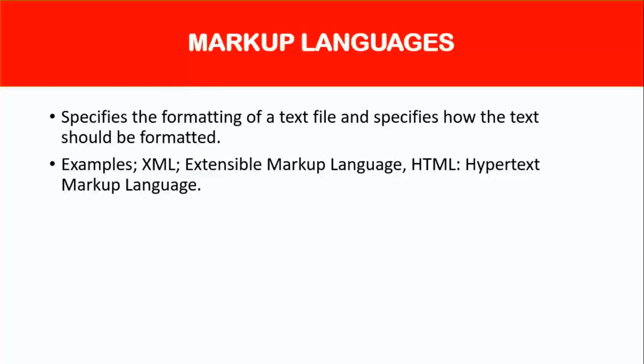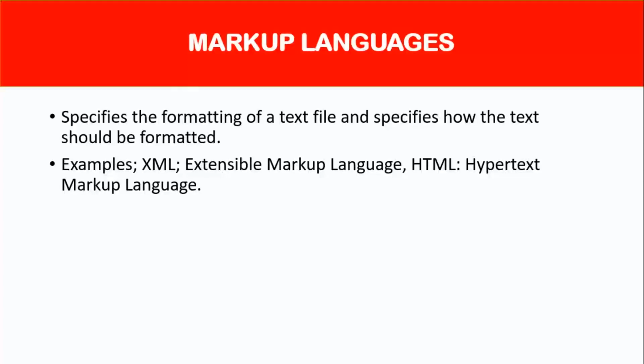So the markup language is used to specify formatting of a text file. It defines how the structure of the website should be. So it marks it up, it structures it. It gets the whole contents and elements of the website and positions them to the places or areas they should be in our website.